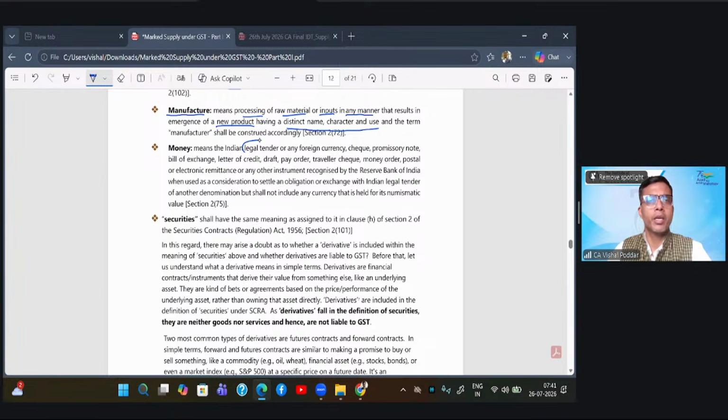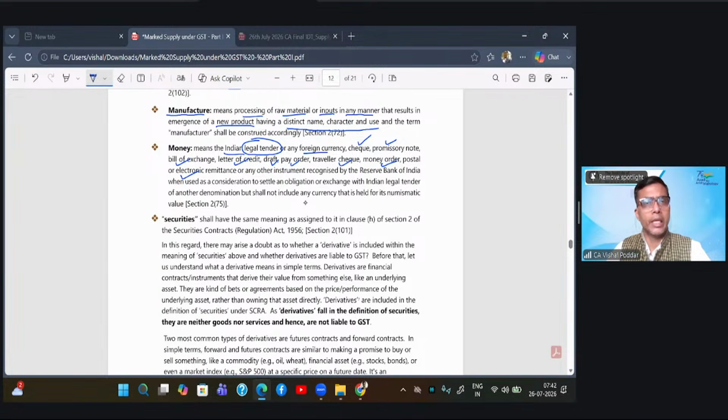So money basically means legal currency, either of India or of any foreign country. And besides the legal currency, all the negotiable instruments like check, promissory notes, bill of exchange, letter of credit, all these things will be considered as money.